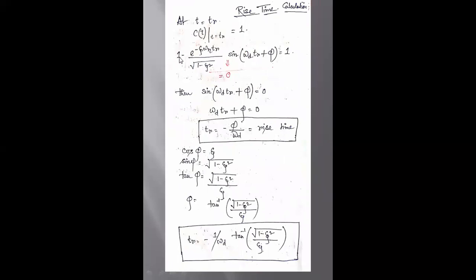So the output must be 1 when this part, the sine part, is 0. From that, omega d tr plus phi equal to 0. So tr became minus phi by omega d. This is called the rise time. If I take cos phi equal to zeta, then sin phi equal to root over 1 minus zeta square. So tan phi equal to sin phi by cos phi equal to root over 1 minus zeta square by zeta.